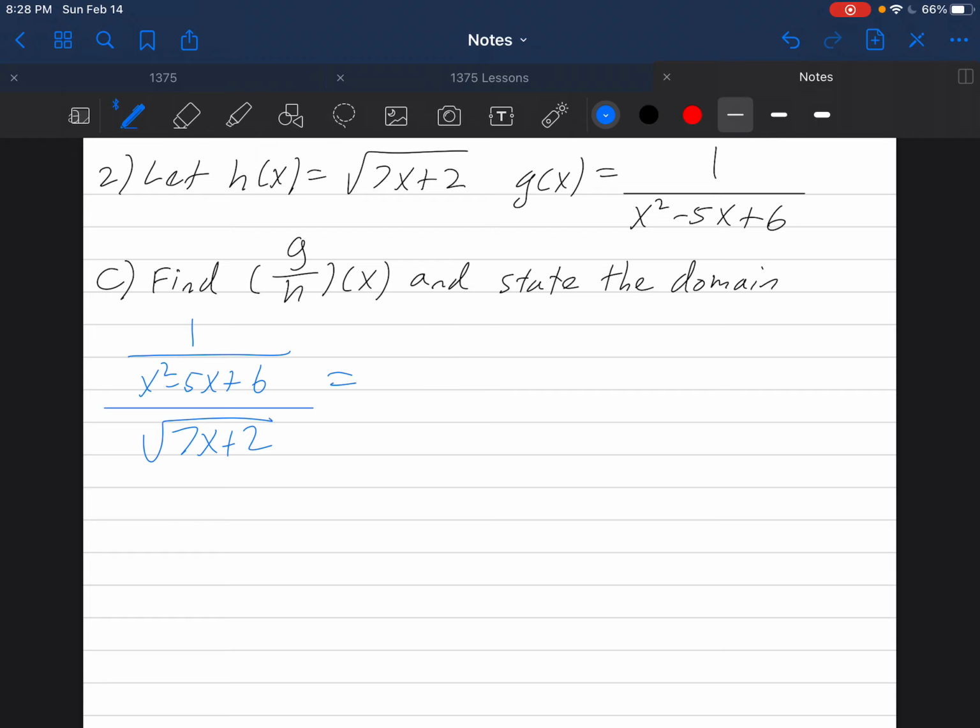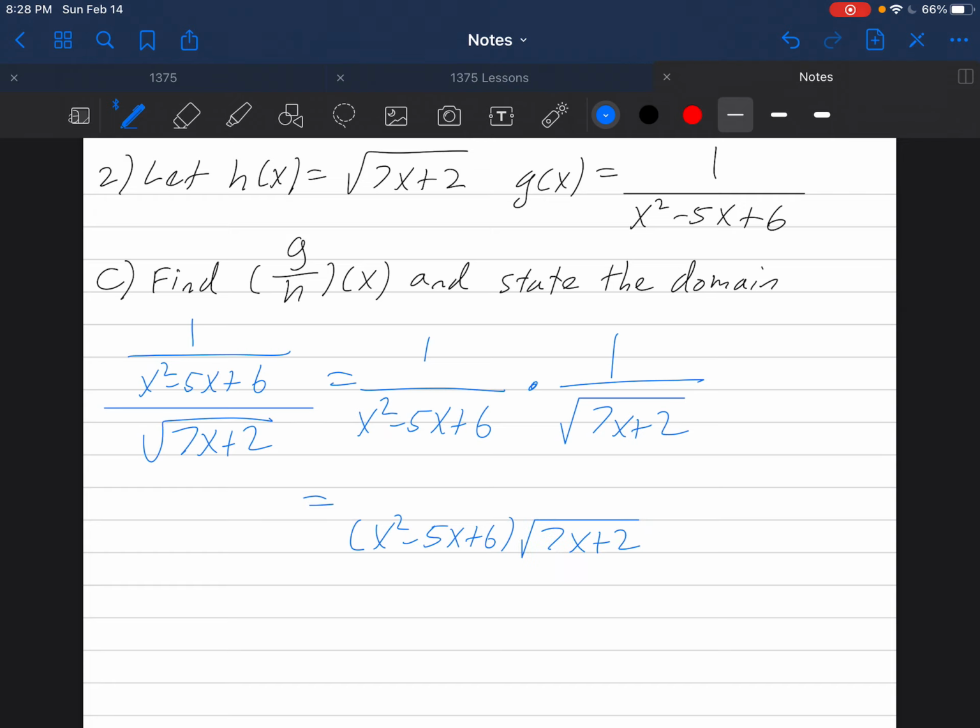Another complex fraction, so 1 over x squared minus 5x plus 6 times this reciprocal, which is 1 over radical 7x plus 2. So this becomes x squared minus 5x plus 6 times radical 7x plus 2 in the denominator, where on top is simply just 1 times 1.